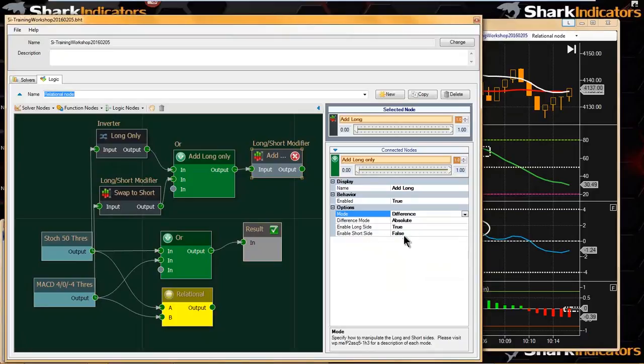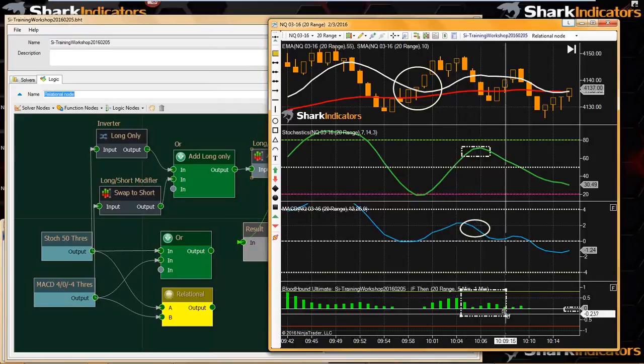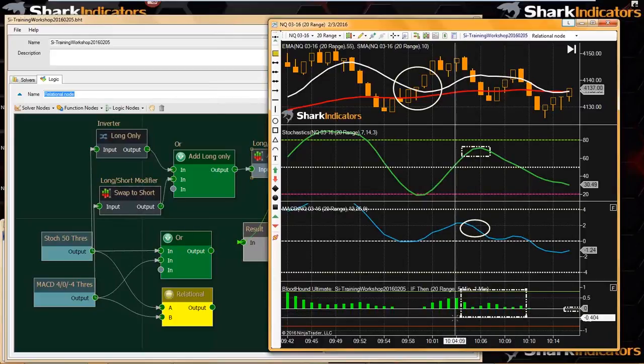So let's see what happens here. Yeah, so here's the difference in action.